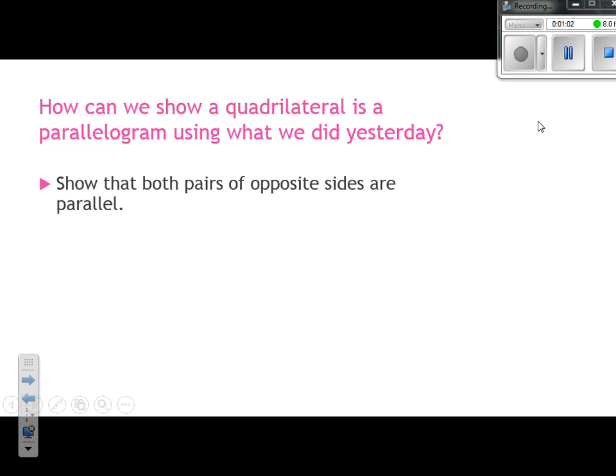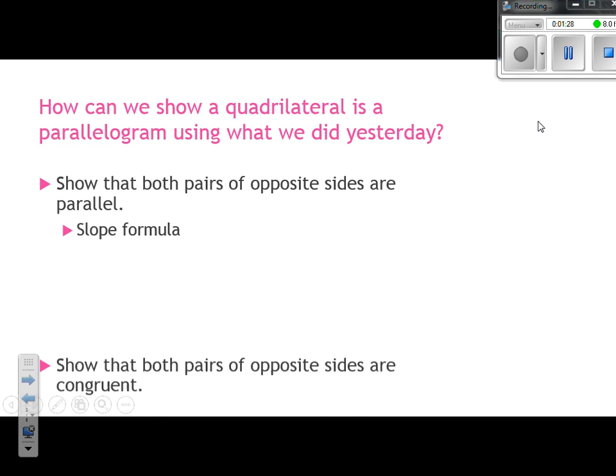Thinking about that property, what formula did we use yesterday that would allow us to show that both pairs of opposite sides are parallel? When I think of the word parallel, the first thing I think about is the slope formula. So we need to use the slope formula to help us determine if that quadrilateral is in fact a parallelogram.